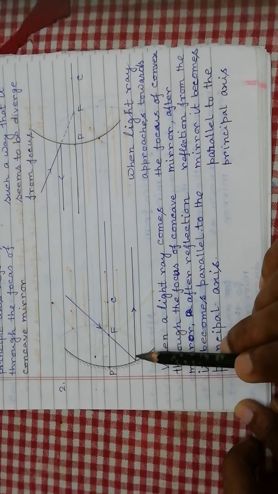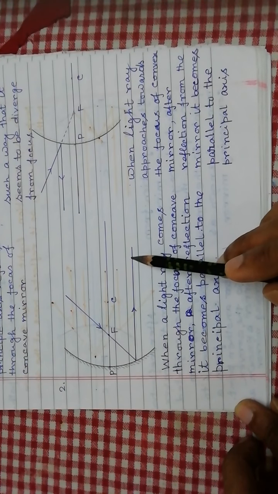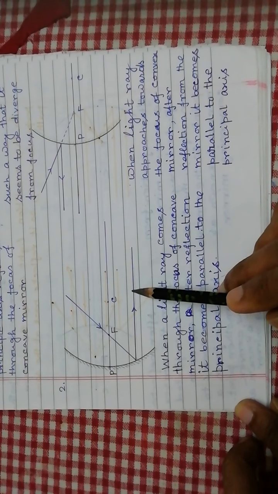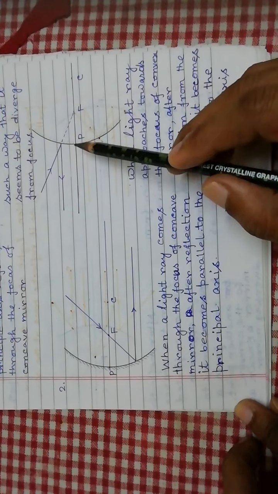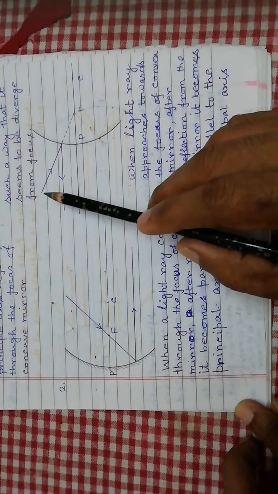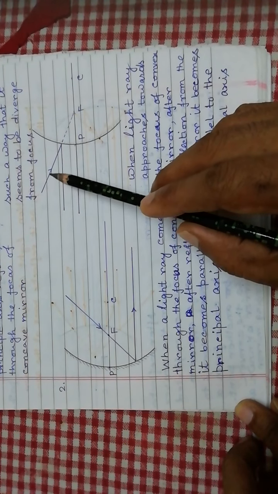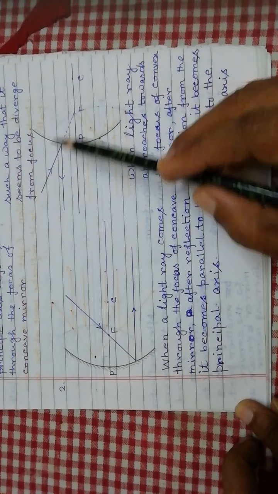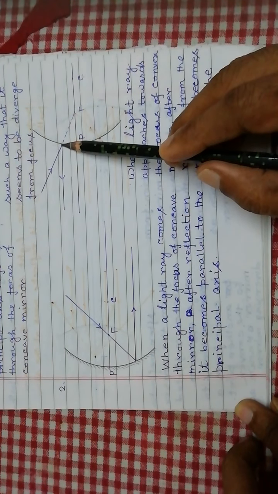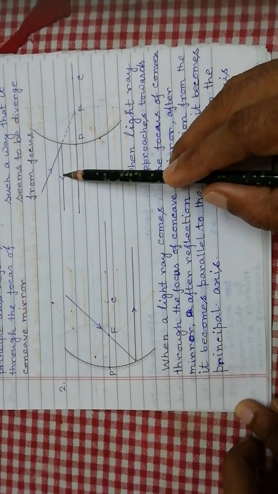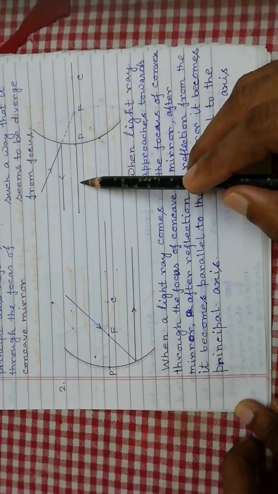After reflection, the reflected ray becomes parallel to the principal axis. Here, for the convex mirror, when the light ray approaches towards the focus, after reflection, the reflected ray becomes parallel to the principal axis.